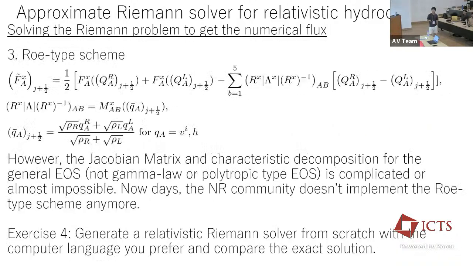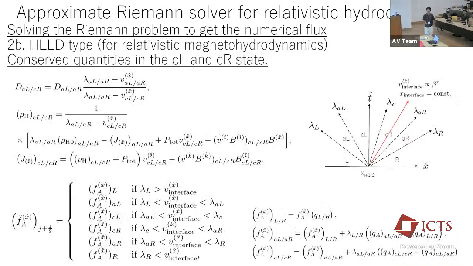This is the HLLD solver. And as far as I know, this is the best approach in numerical relativity hydrodynamics. By performing the standard tests, this solver is much more accurate and less diffusive compared to the HLL solver, which is standard in the numerical relativity communities.